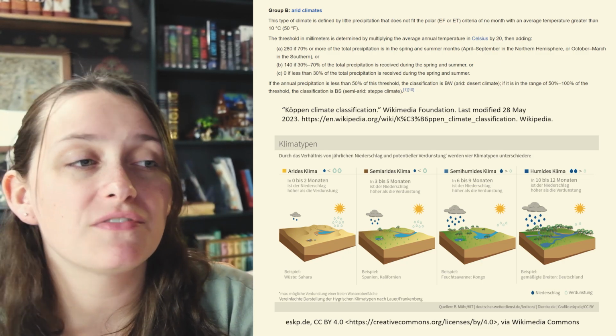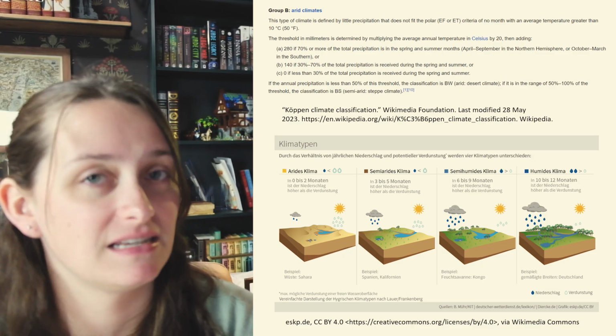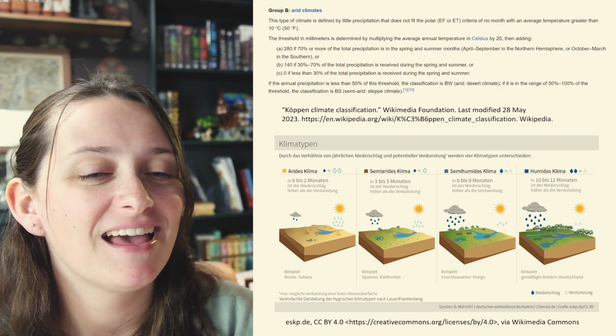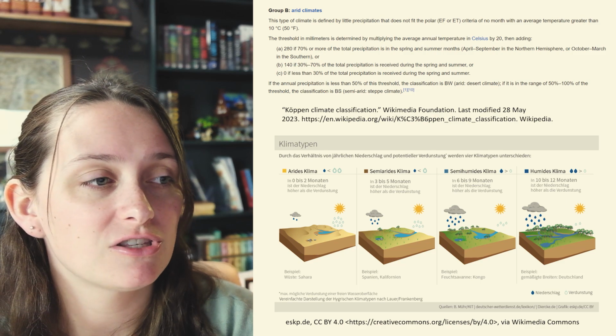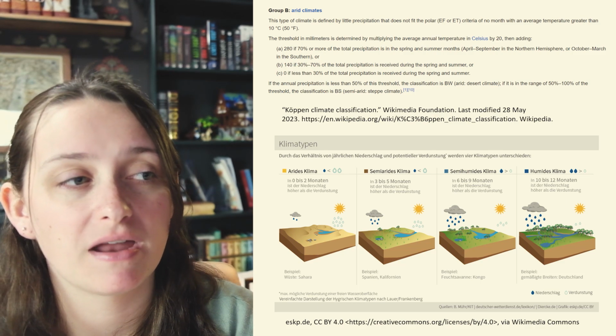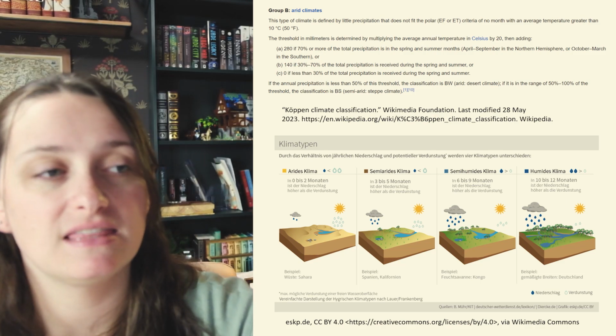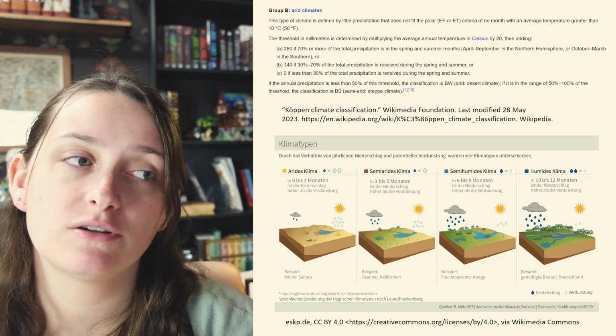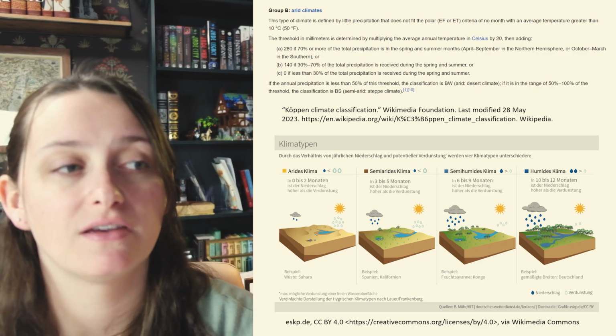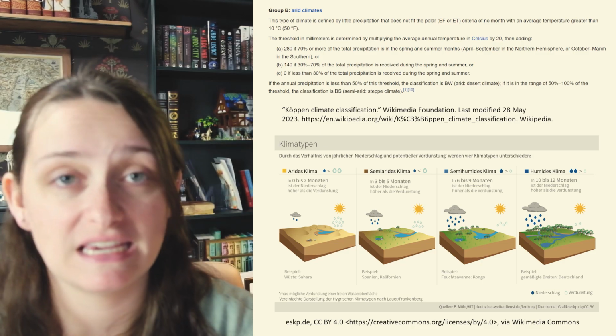So ignore the fact that this graphic here on the bottom is in Dutch, I think. The images show the different ranges of precipitation to evaporation, so I believe the leftmost one on the bottom is arid, and you can sort of see that little blue mark is the precipitation, so a little bit of precipitation to a lot of evapotranspiration due to the heat.